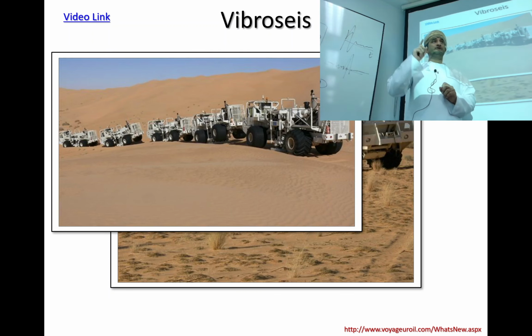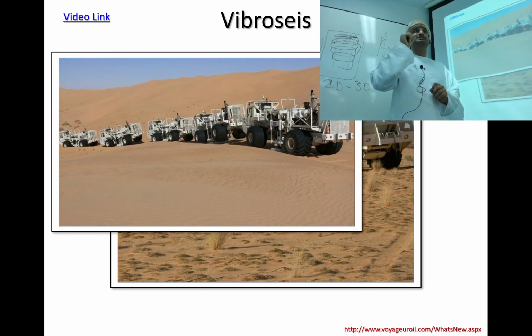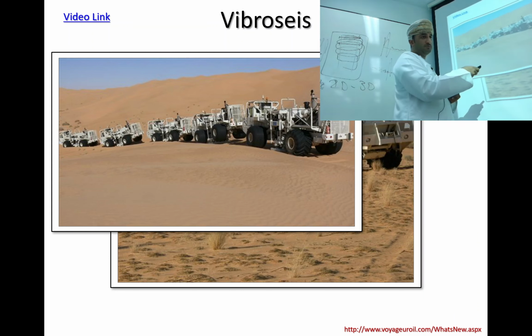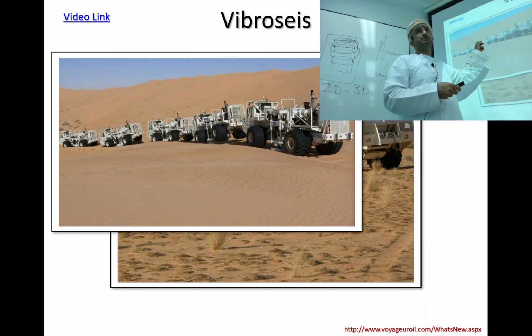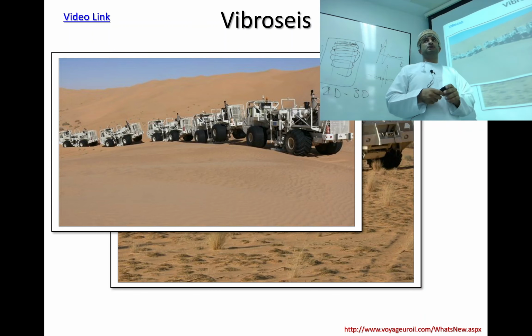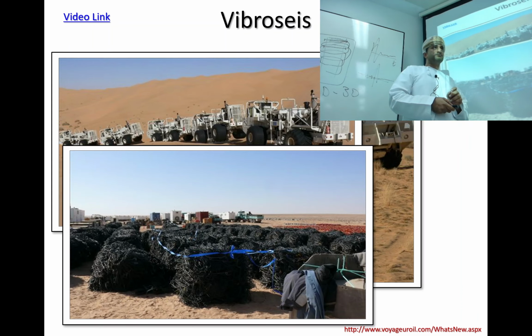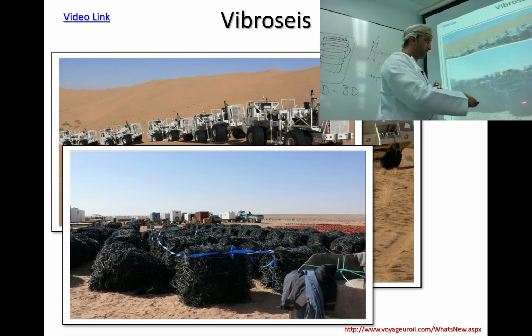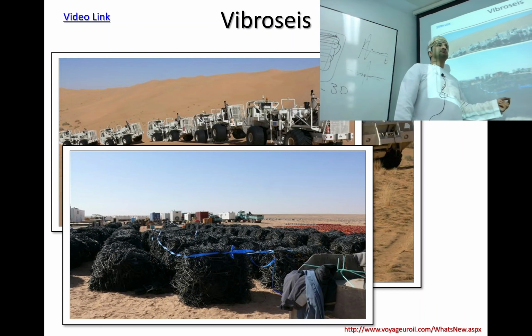They are working simultaneously, and they have one center point. How many are there? 2, 3, 4, 5. So you were asking where is the center of gravity or central point? Maybe at the location of vibroseis 3. You see this pile of cables. What do you think they are? Geophones.